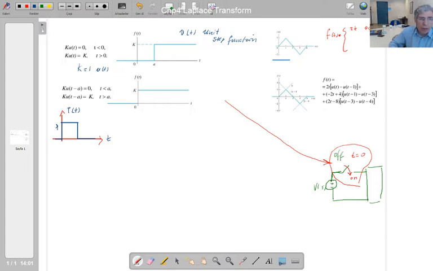Okay. Now I'm saying this is u(t minus a). So if you write the negative of this, this is f(t) if k equals 1, so it is u(t), minus a. So I am asking now for minus u(t minus a), let me make it a bit better, maybe in a different color.